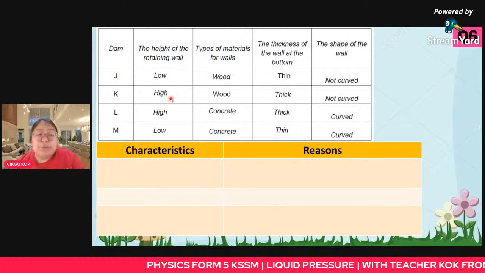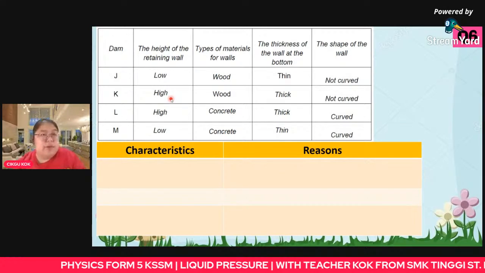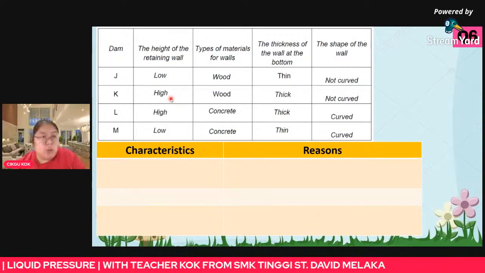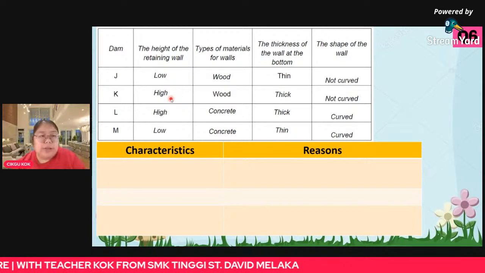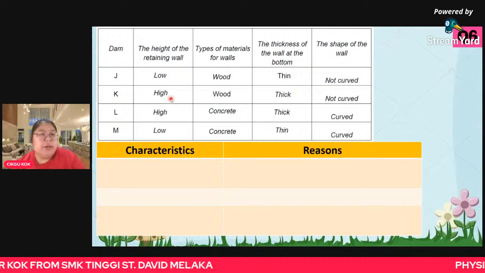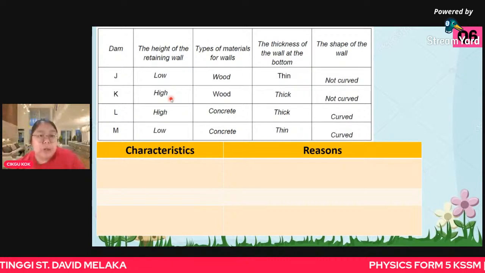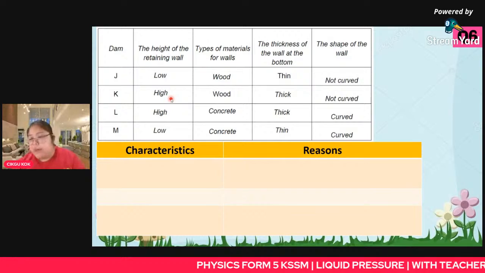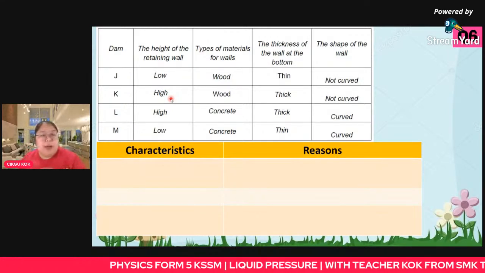We cannot choose medium, because they already give you the choices in the table. So we choose from the table, either high or low. Okay, from here the wall you want to build, normally you want high or low? High. Iru gave me high.